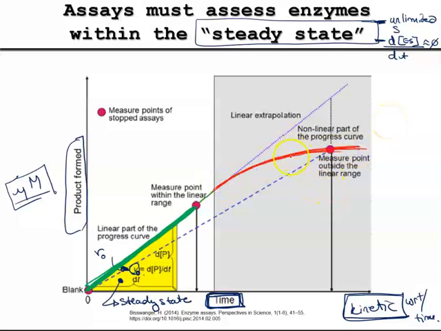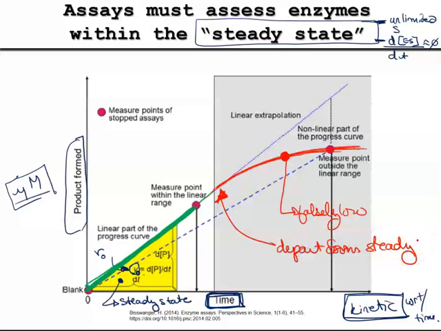If you take a measurement of enzyme activity here, you're getting a falsely low measure of enzyme activity because you're measuring this much product and you've already entered into the phase where you've departed from the steady state. This is where you depart from steady state.